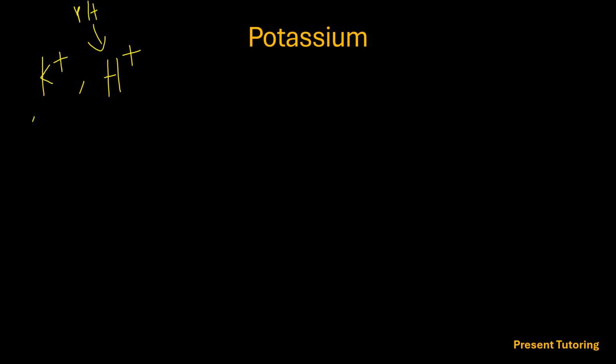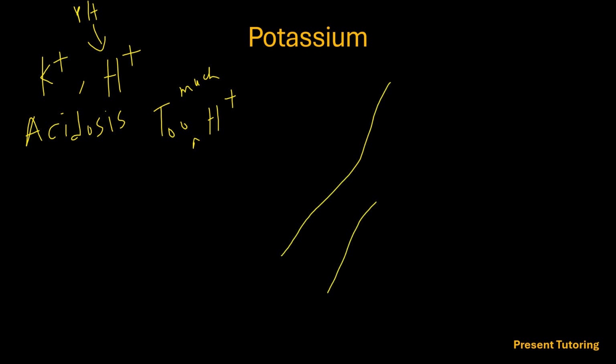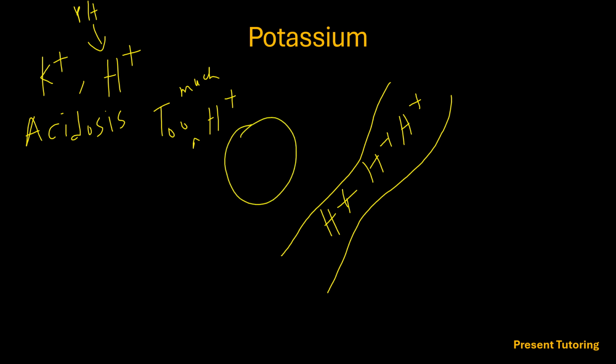Let's say that you're dealing with acidosis in the blood. There is too much H plus in the blood. What that basically means is that if there's too much H plus, let's say this is a blood vessel and you have excess H plus, then the H plus will travel down its concentration gradient, and so it will travel outside of the blood, okay? And then it will then travel into your surrounding cells.